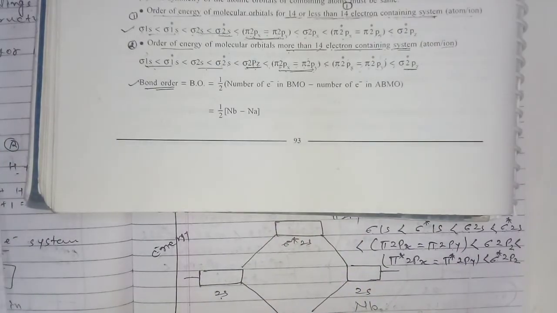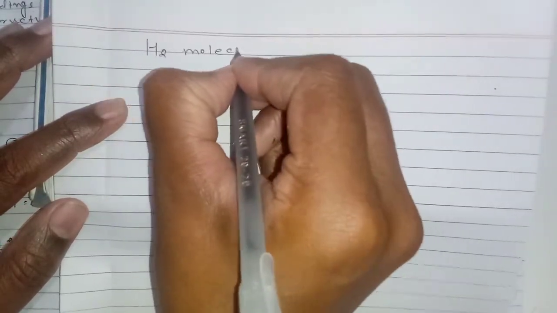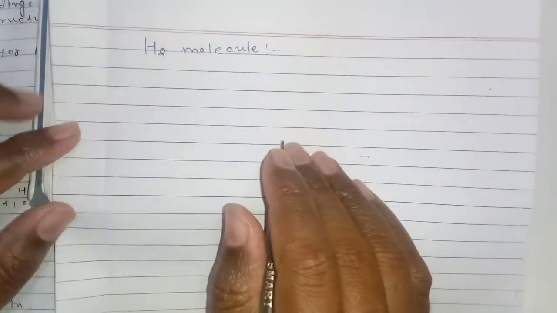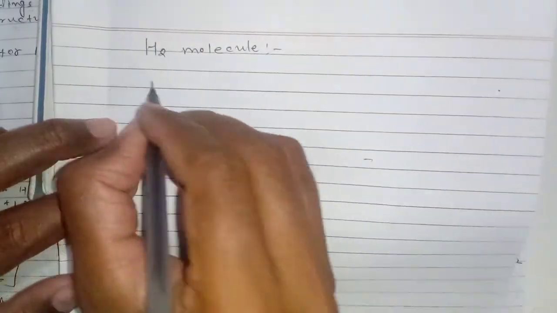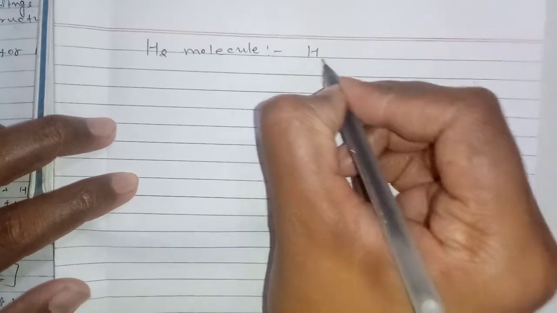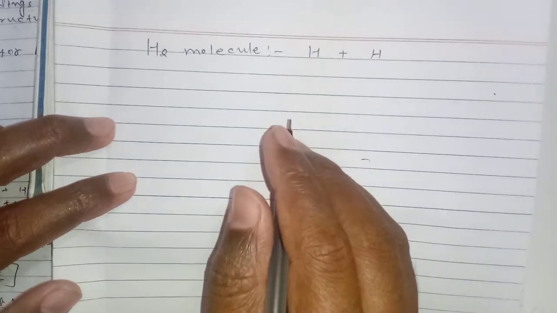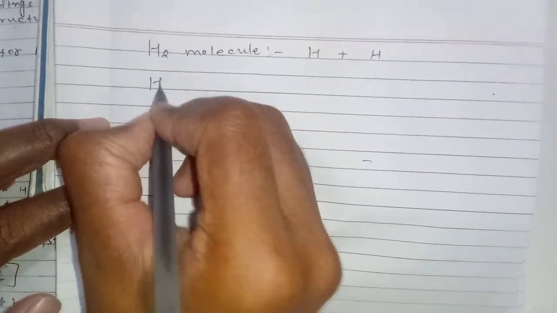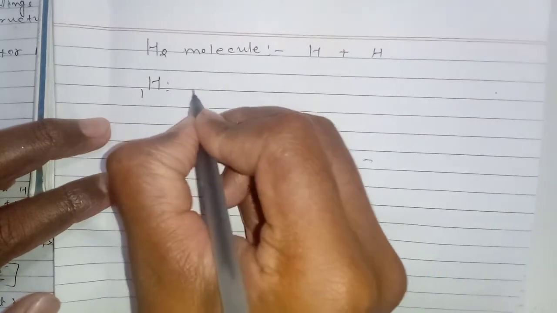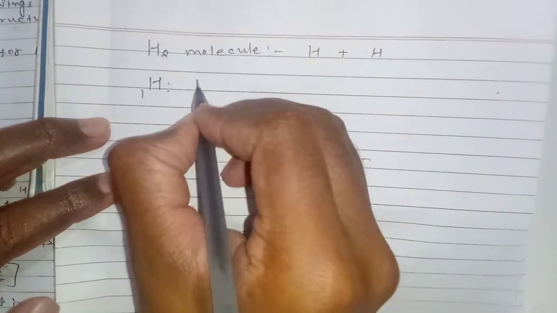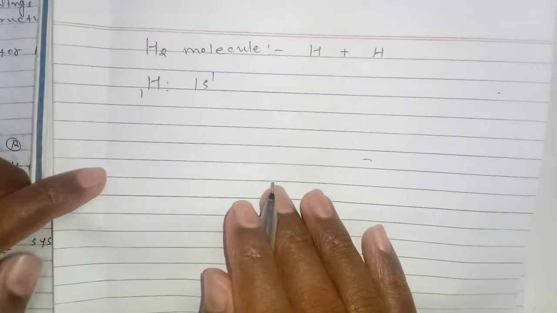Here in the case of the hydrogen molecule, it is formed by combining two hydrogen atoms. The atomic number of hydrogen is 1 and its electronic configuration is 1s1.